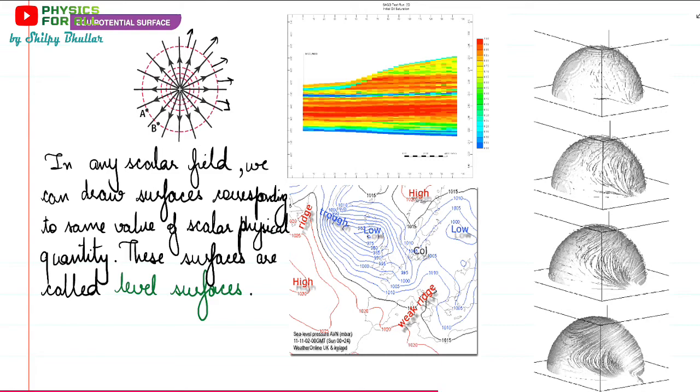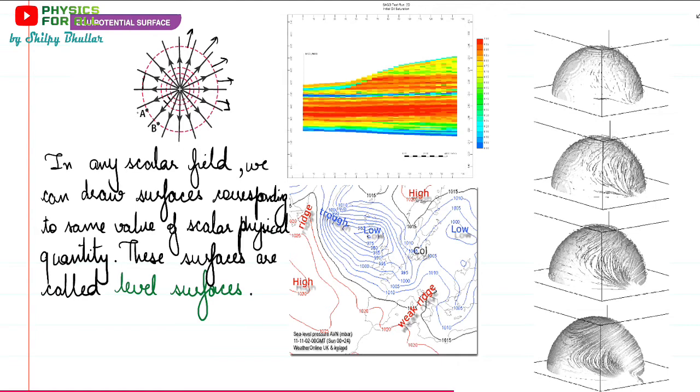If this is the positive charge and this red dotted line represents the field of this positive charge, obviously it is a scalar field, so we can draw any surfaces. All these surfaces, the innermost red dotted circle, then the next one, and the outermost circle, everywhere the value of this positive charge is the same.